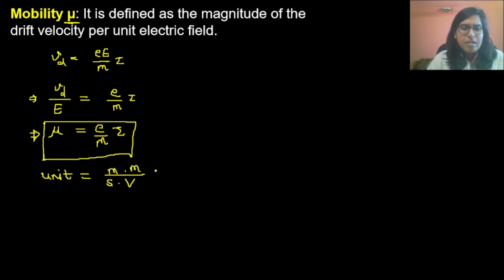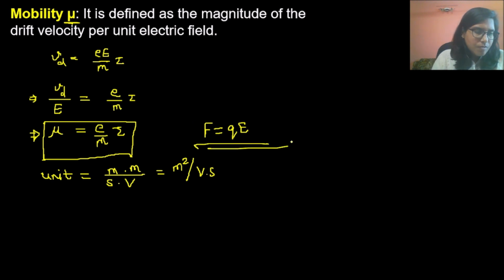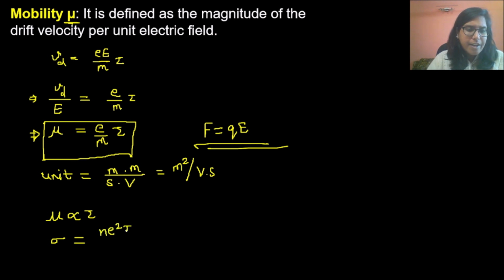So meter square per volt second. Now this mobility is directly proportional to tau, and similarly we have seen sigma, the formula was sigma equals n into e square tau by m. So this sigma is also directly proportional to tau.